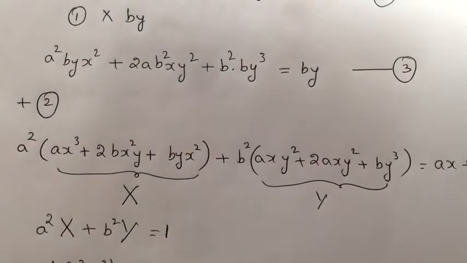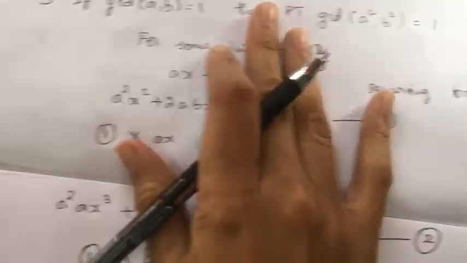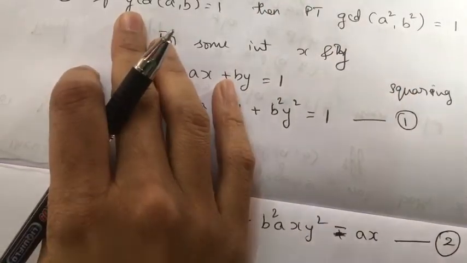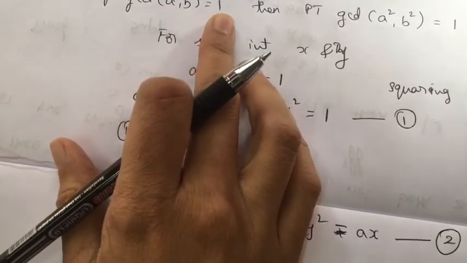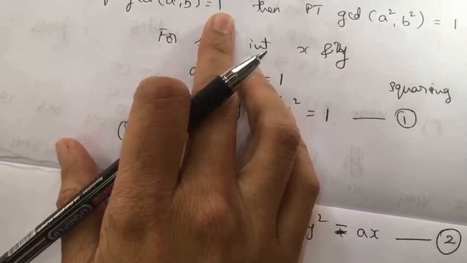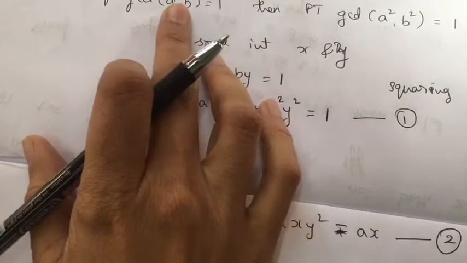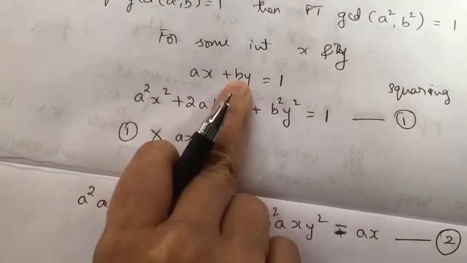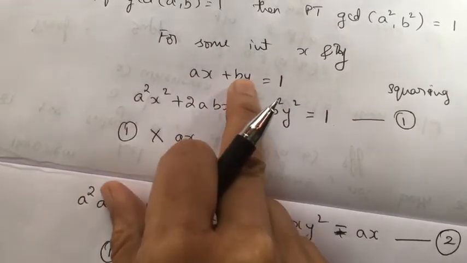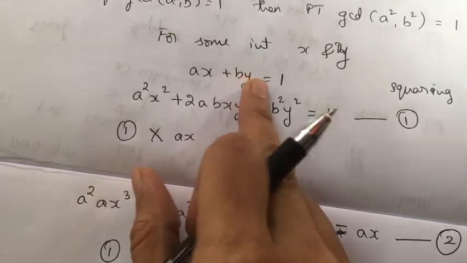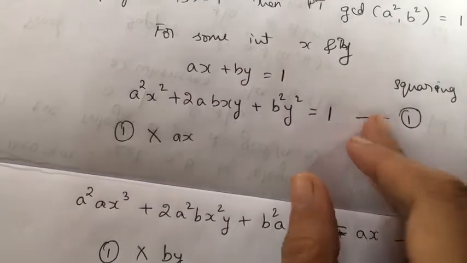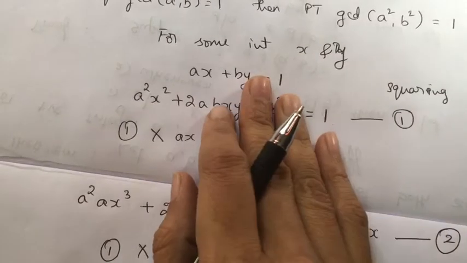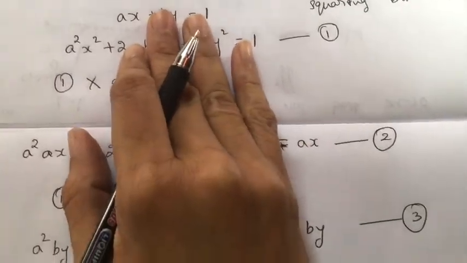You can even prove it by taking GCD of a and b equal to 1, and you rewrite this expression by into 1 and replace 1 by ax plus by, and you can proceed like that, so that you will end up with GCD of ab square equal to 1.